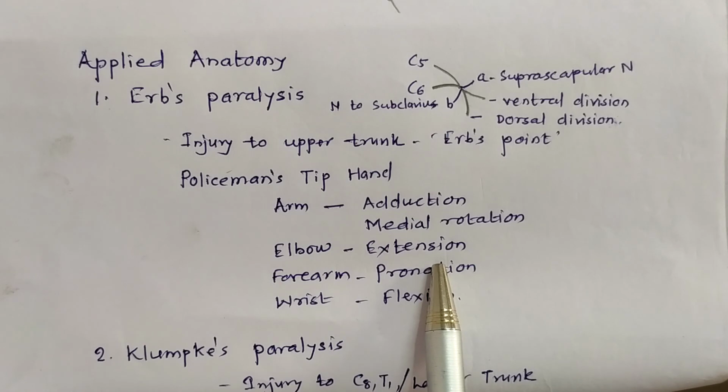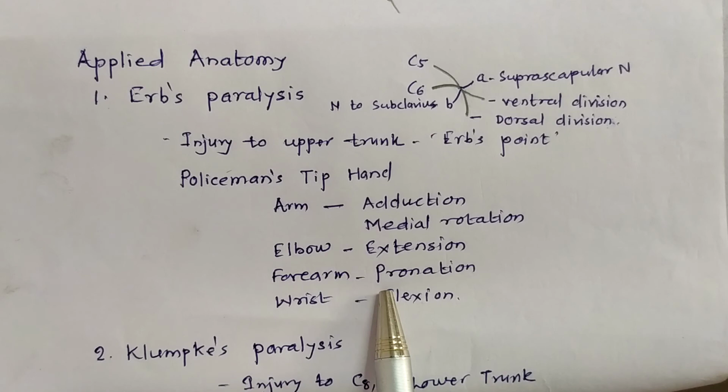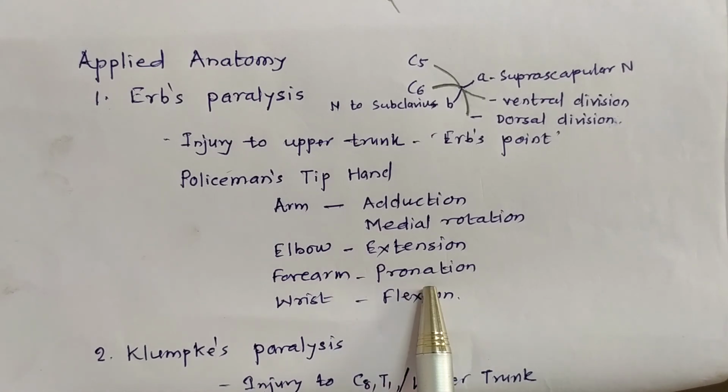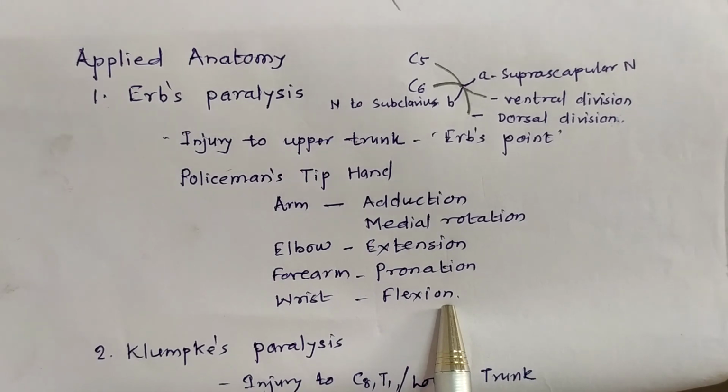There is extension of elbow because flexors are paralyzed. The biceps brachii, brachialis, these muscles are paralyzed. There is pronation of forearm because muscles producing supination, the supinator muscle, brachioradialis muscle, they are paralyzed. There is flexion of wrist because extensors of wrist are paralyzed.